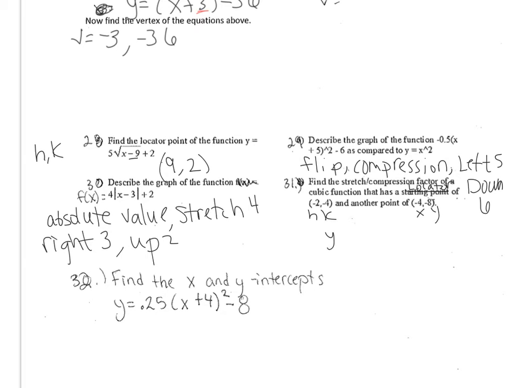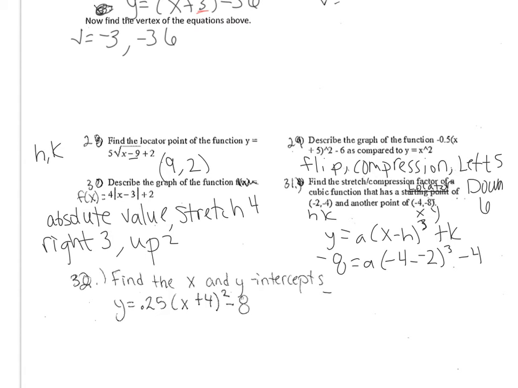So I'm going to use y equals a, parentheses x minus h, cubed plus k. I'm going to plug in -8 for y. I don't know what a is. That's what I'm solving for. I'm going to plug in -4 for x minus -2 cubed, and then it says minus 4. I got all of those from those up there.